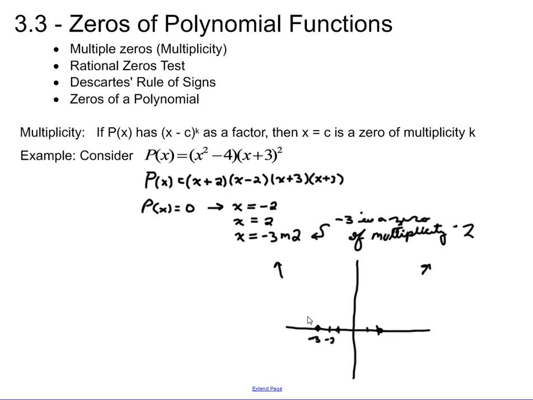And that at x equals negative 3, it would have the kind of behavior where it came down and touched the x-axis but didn't cross through. It would cross through the x-axis at negative 2 and then cross back through the x-axis at positive 2 again. And so this would be some information that might help us if we were trying to graph what this function actually looked like. Okay, more to come in the next video.